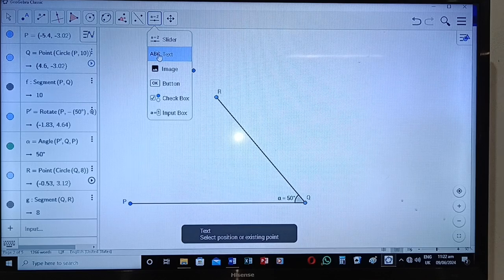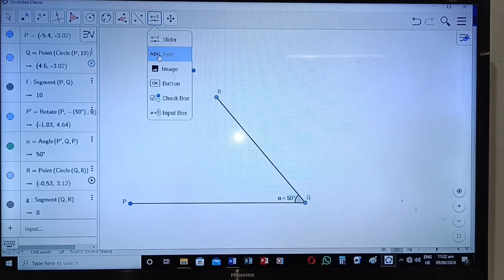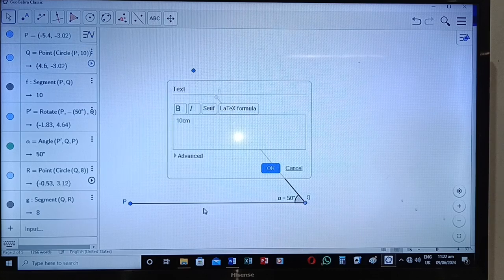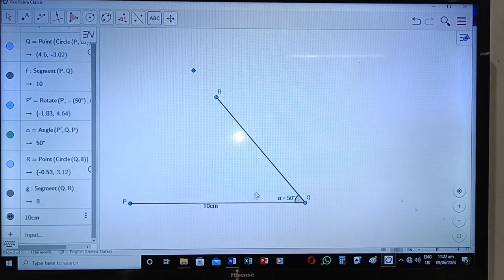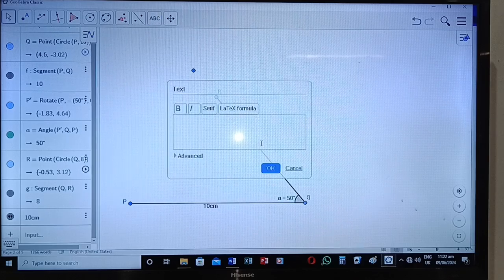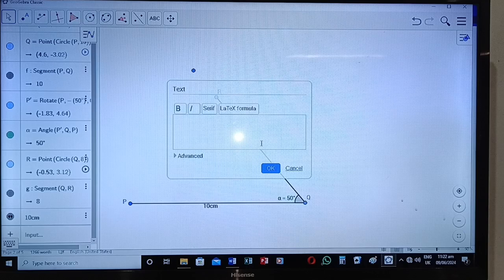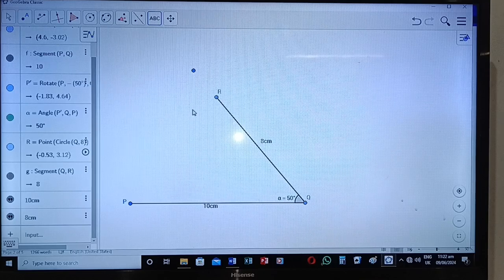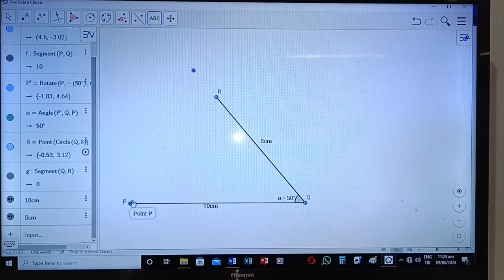Okay, we are told now that PQ is 10 centimeters. So we can go where I've gone and say text, so that we put our 10 centimeters here. So we say 10 centimeters, okay. And also here, QR is 8 centimeters. Also we write there, and you can see our 8 centimeters is there. Finally, our work is just to close this space here by a straight line.